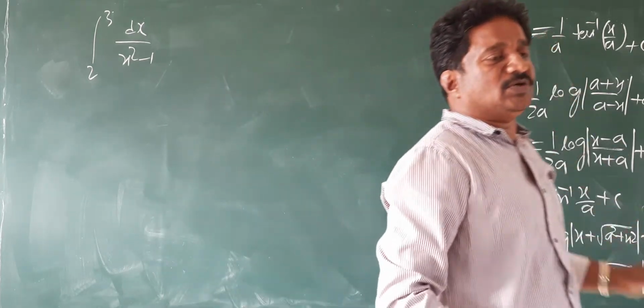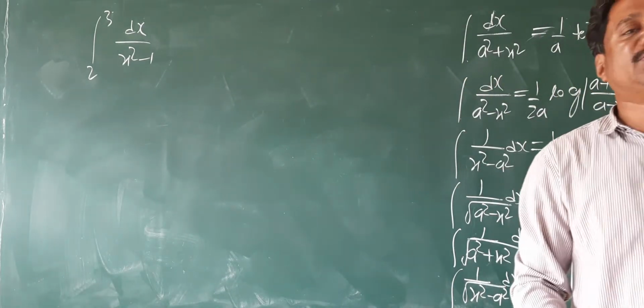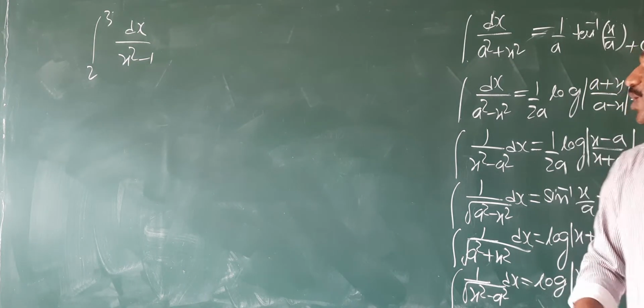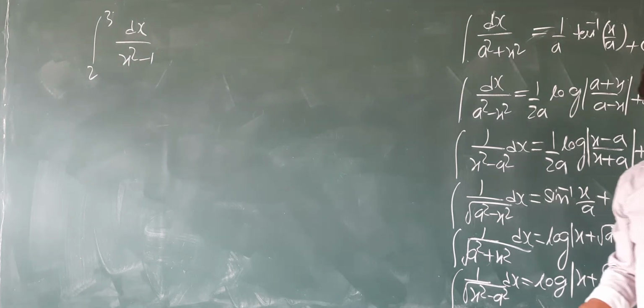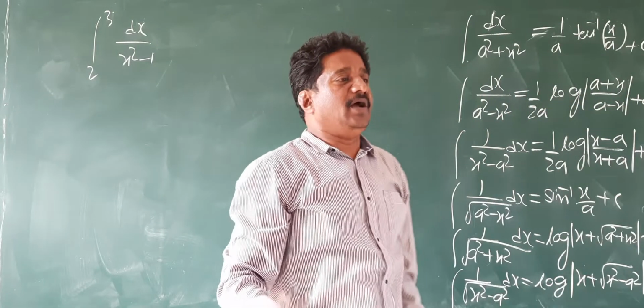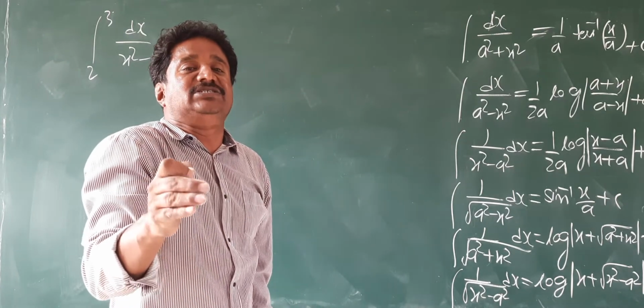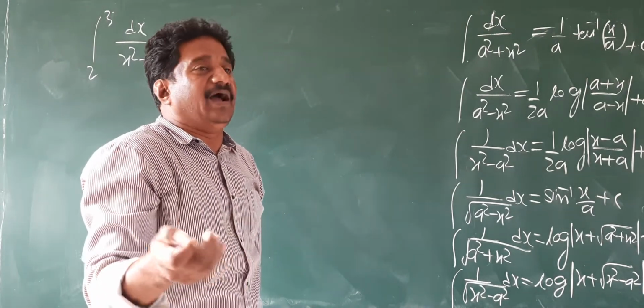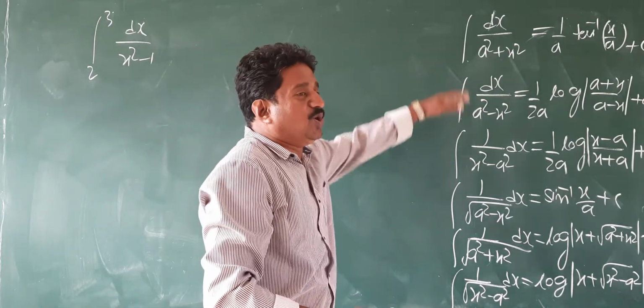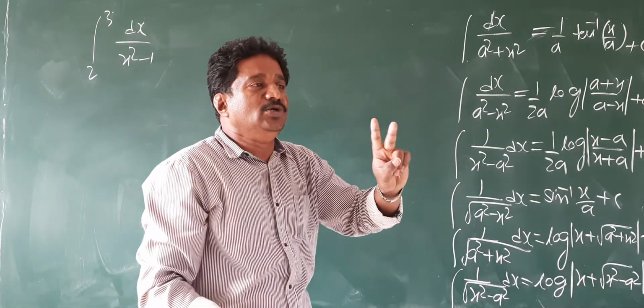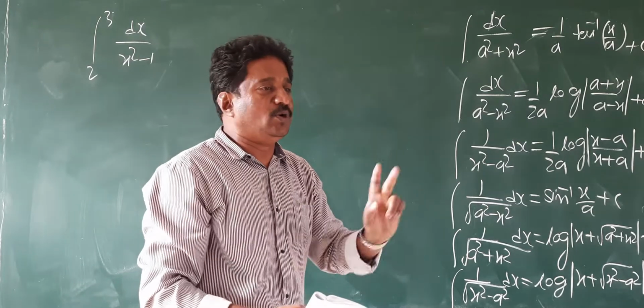We solved these questions in the previous class, students. I explained all these standard results in the previous class. Even I have given hints and techniques on how to remember this. I categorized these six formulas into two separate groups.